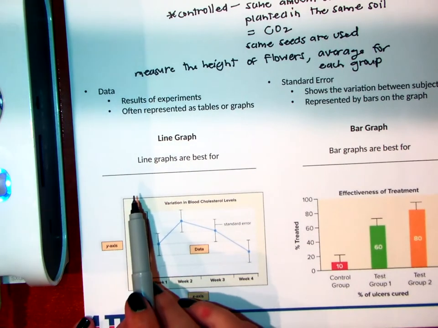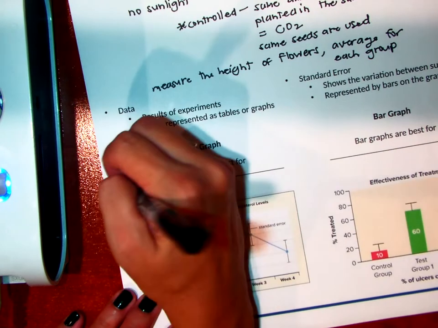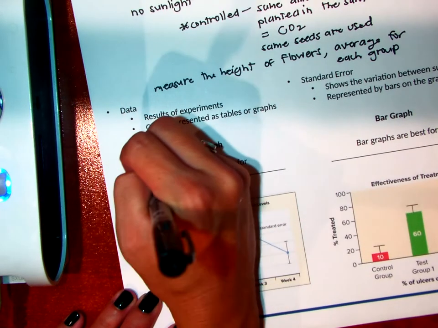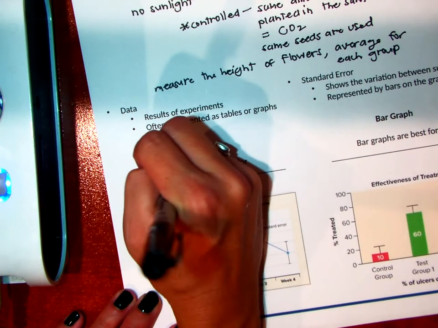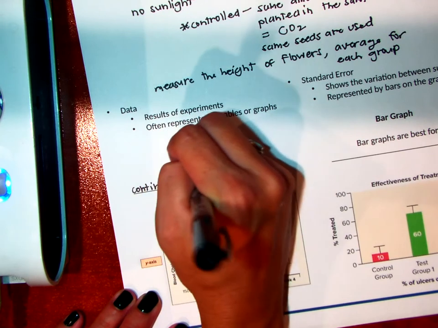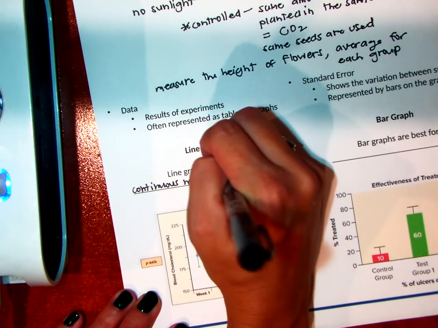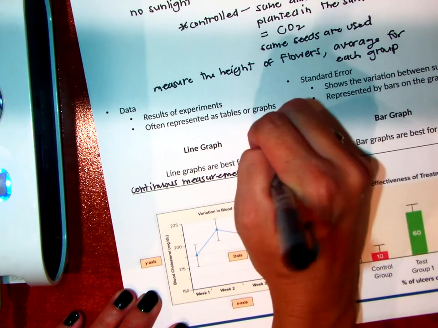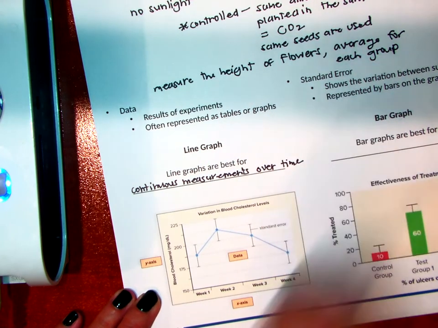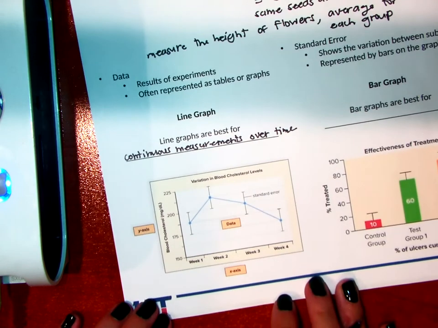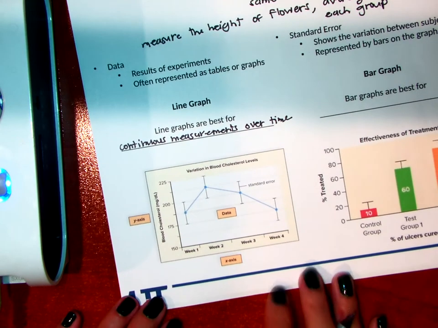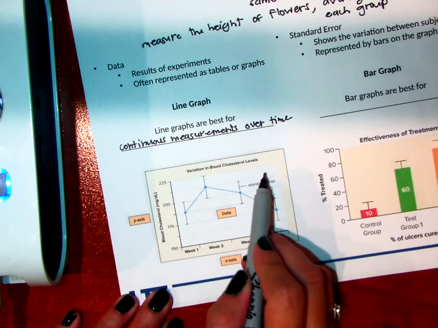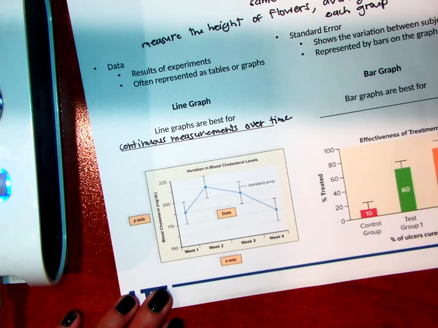So line graphs are best for continuous measurements over time. You can see here on this line graph, all graphs should have a title describing what they are showing.